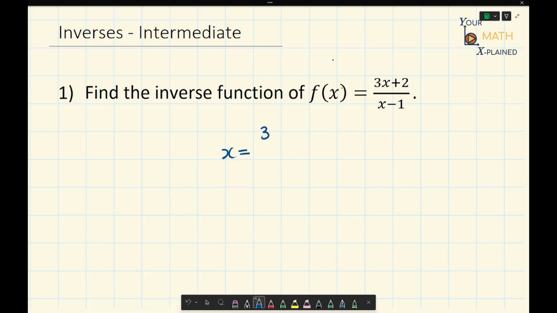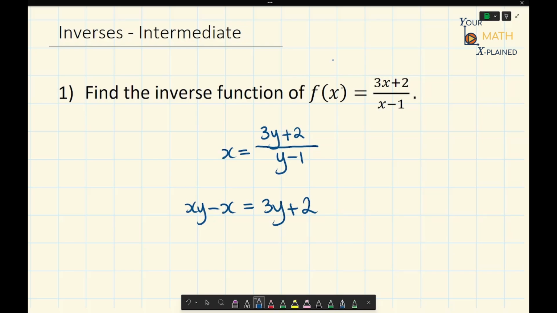So that's going to be 3y plus 2 over y minus 1. And now we're going to multiply both sides by y minus 1 and then distribute it on the left side. So that means we're going to get x times y minus x is equal to 3y plus 2.